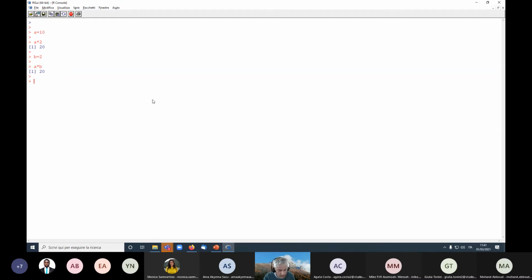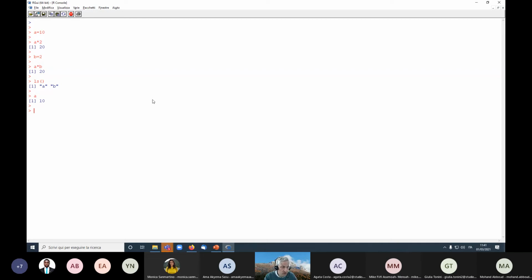And if you want to have a list of the variables, there is a function called ls that you can use. And you see that it gives to you a list of the variables. If you want to know the value of the variable, you type A and you get the value back.